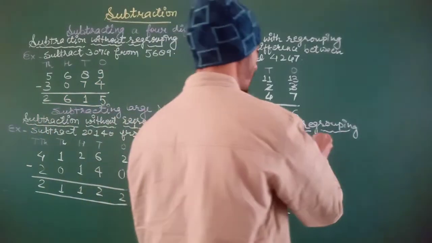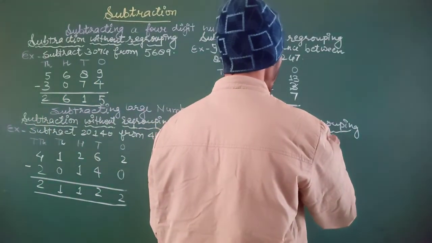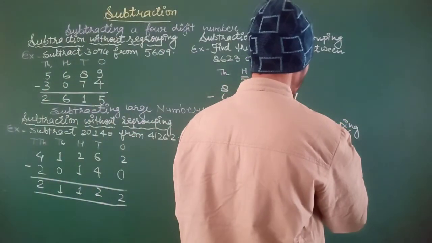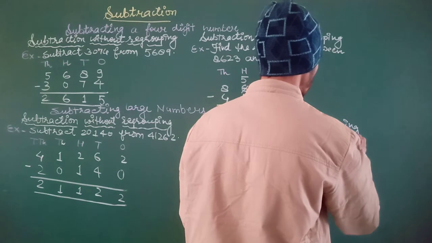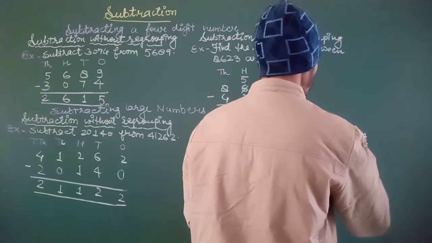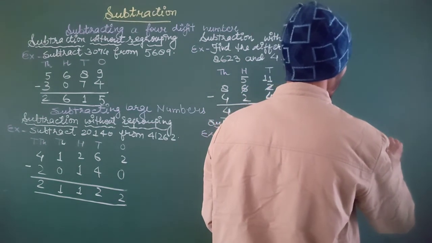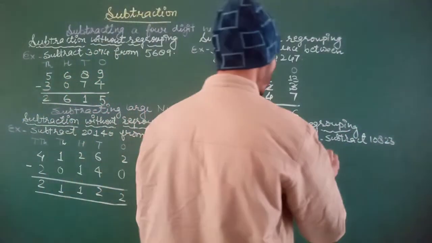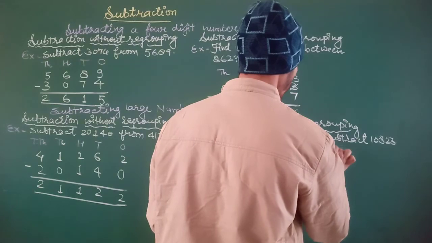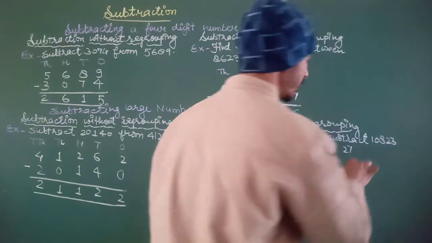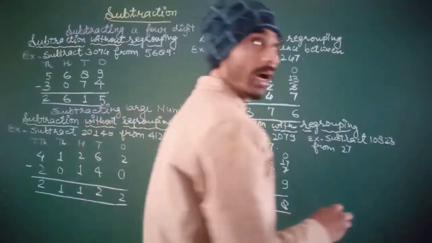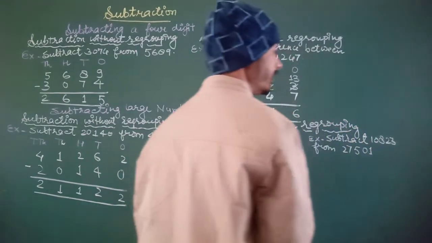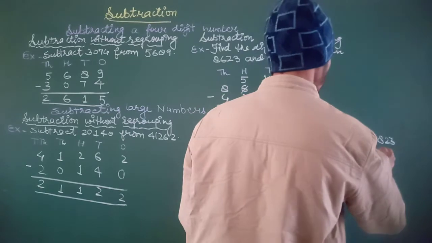And now the next example. Subtract 10,823 from 27,501.